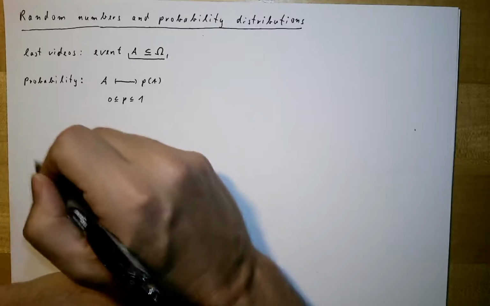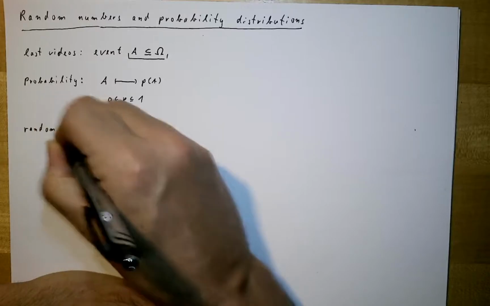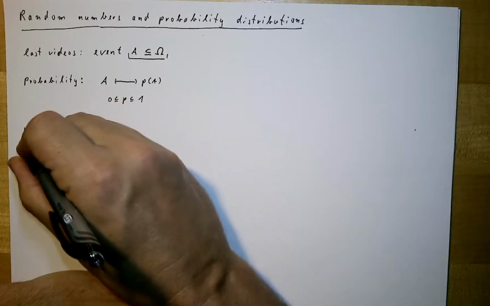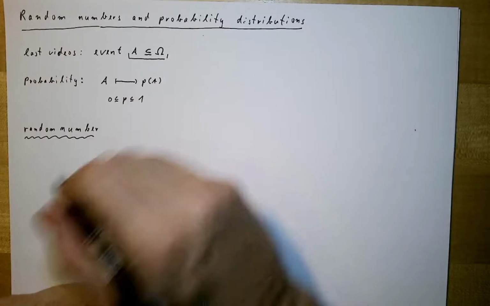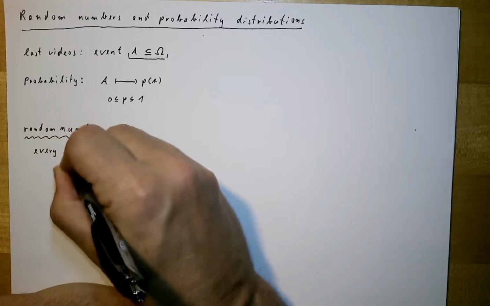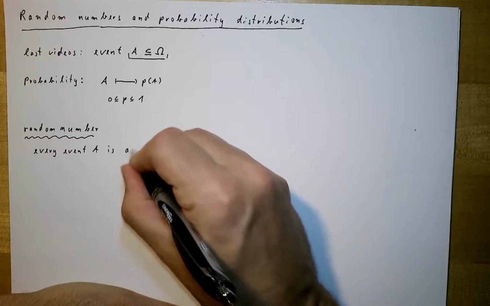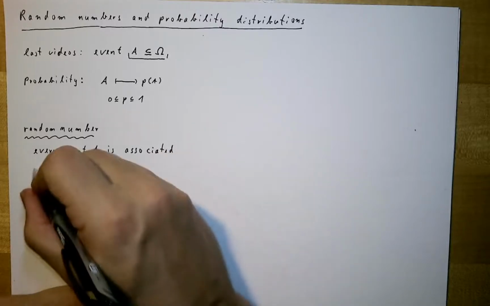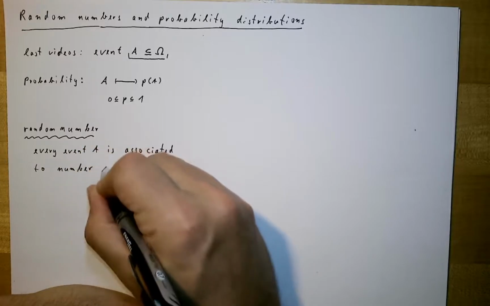So a random number is also a function, so that every event is associated to a number x.